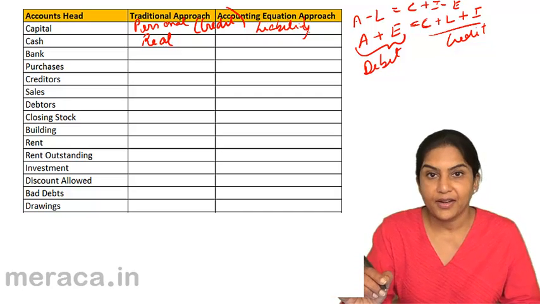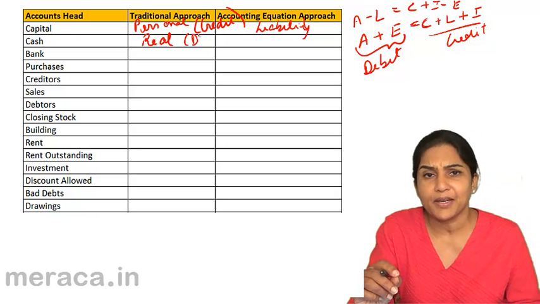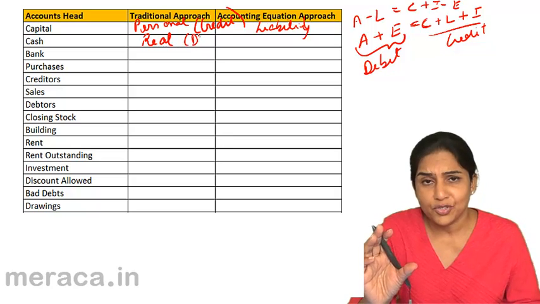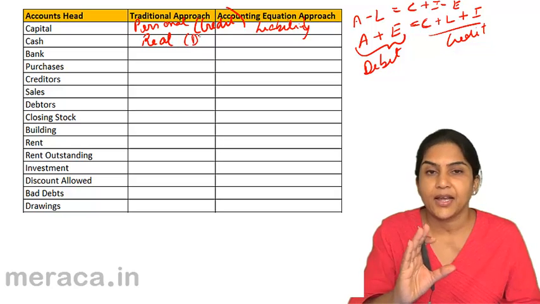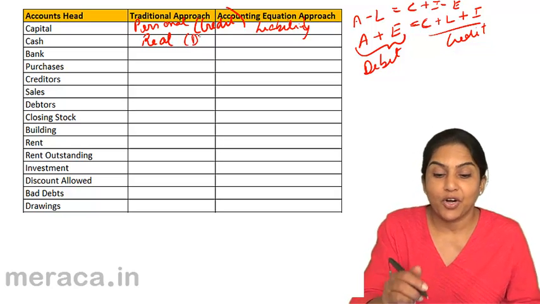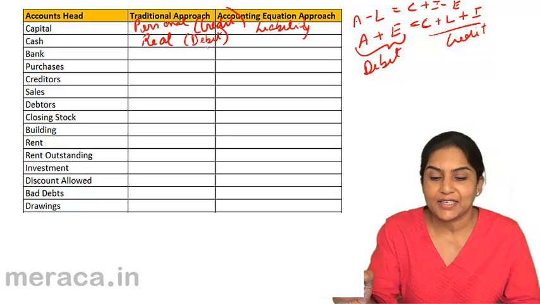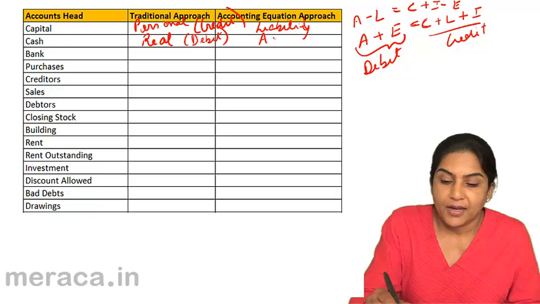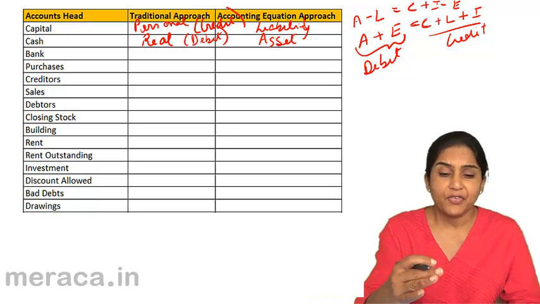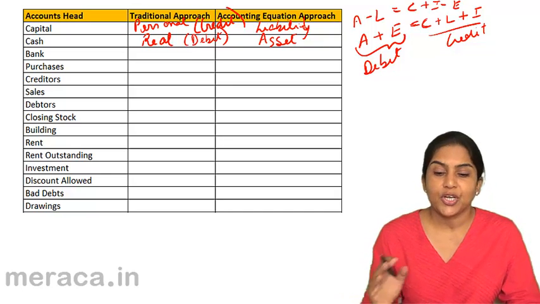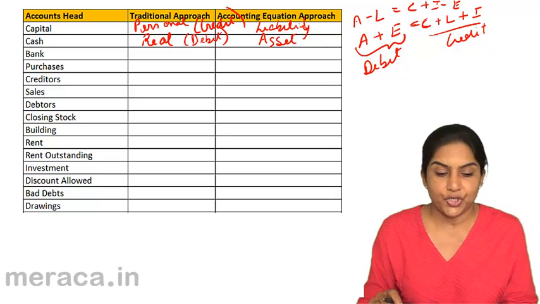Cash, real, usually cash will have a debit balance, because what is the rule for real accounts? Debit what comes in and credit what goes out. So cash cannot really be negative. It is an asset. I'll do one thing. We will quickly cover the traditional approach, and then the same things we will cover under the accounting equation approach.